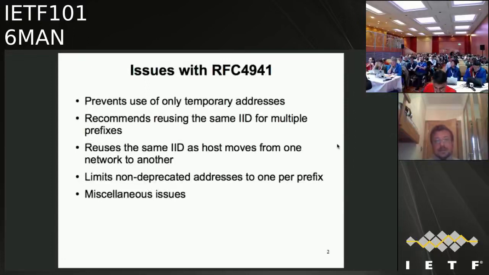Also, the same interface identifier is reused when the node moves from one network to another. 4941 also limits non-deprecated addresses to one per prefix. And also, because of when 4941 was written, there were things that needed to be updated. Like, for example, now all the bits in the interface ID are opaque, so that was changed too.